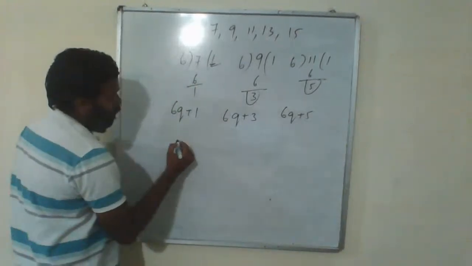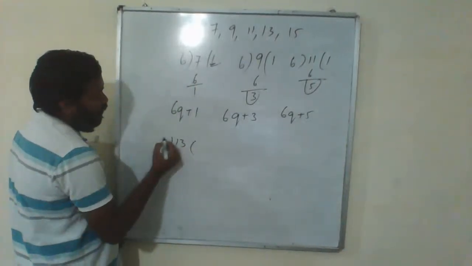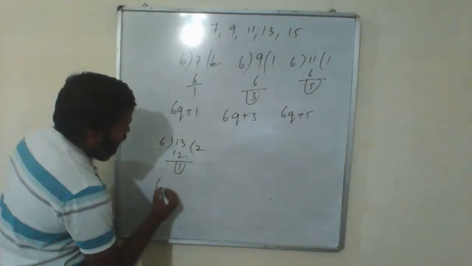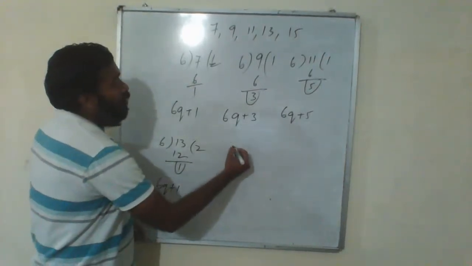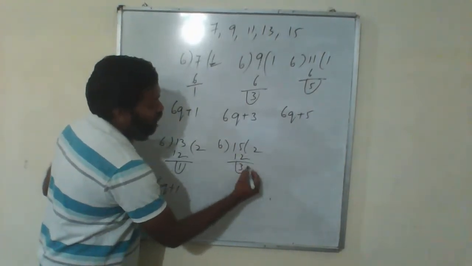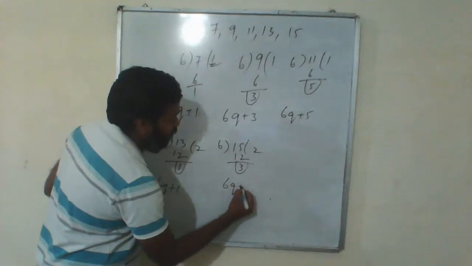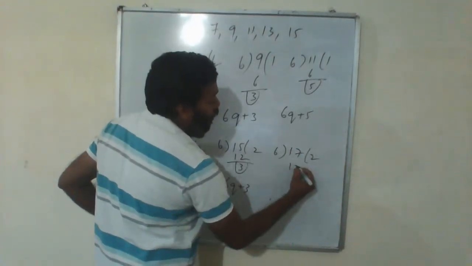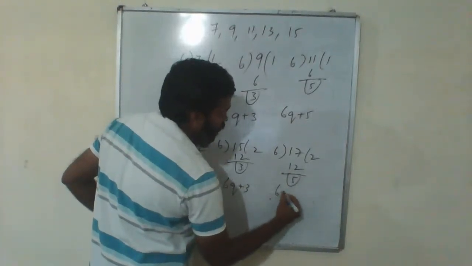If you go for 13, 6 twos are 12, again you are getting 1 as remainder, that is 6q plus 1. 15, 6 twos are 12, you got 3 as remainder, that will be 6q plus 3. If you go for 17, 6 twos are 12, that is 5, 6q plus 5.